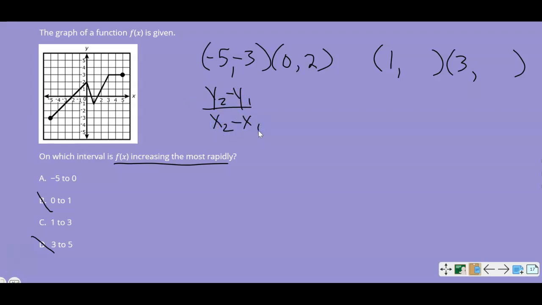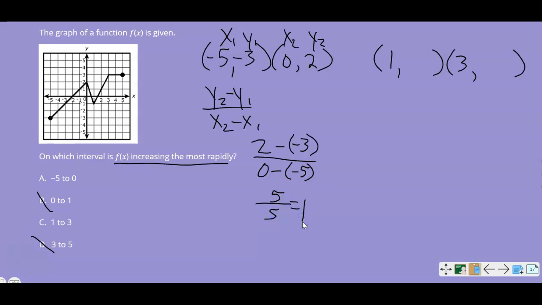So if I have x1, y1, x2, y2, I'm going to do 2 minus negative 3 over 0 minus negative 5. So I'm going to have 2 plus 3, or 5, and 0 plus 5, so that is a 1.